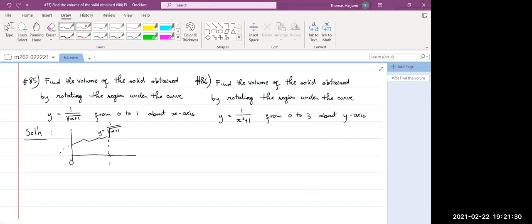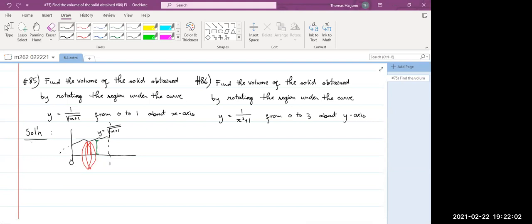Now, if we take a slice of this curve and rotate that, you will see that the radius of this disk is basically the y, right?